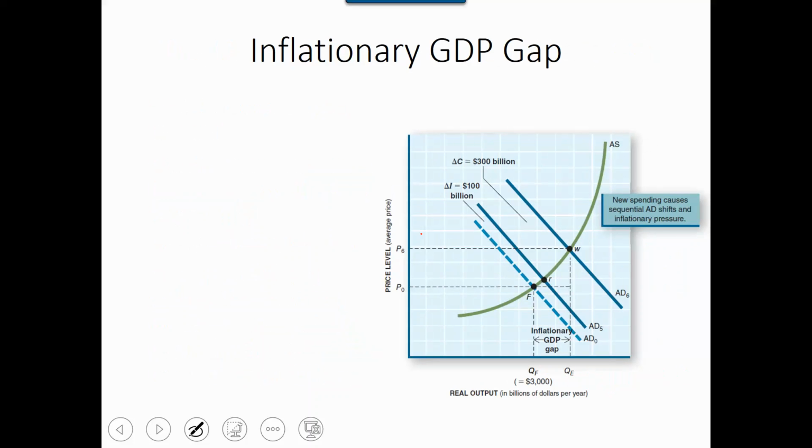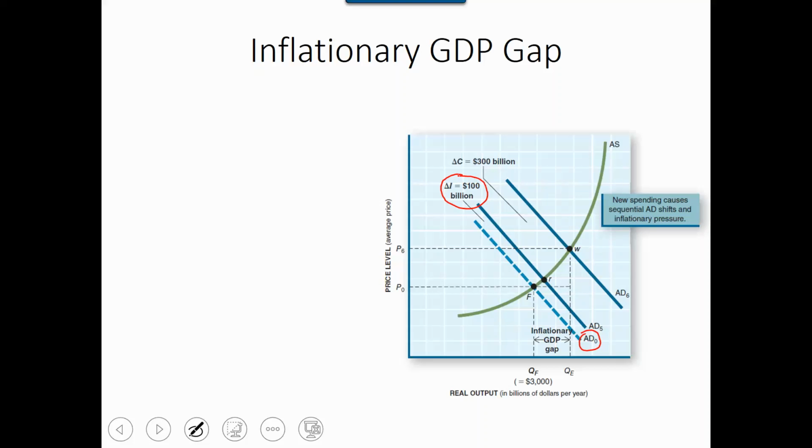So let's look at it. The initial aggregate demand curve is located at AD0. By chance, the investors and producers are so happy about the future economy that they start to invest money in the economy. So the initial increase causes a $100 billion increase in the GDP.